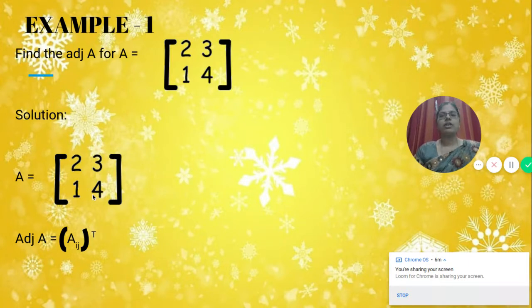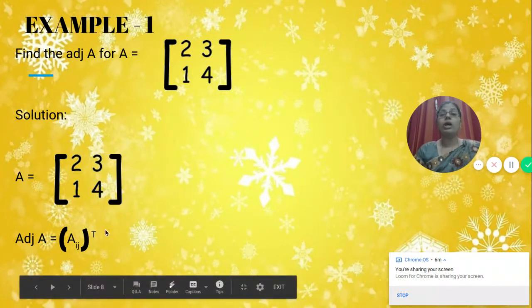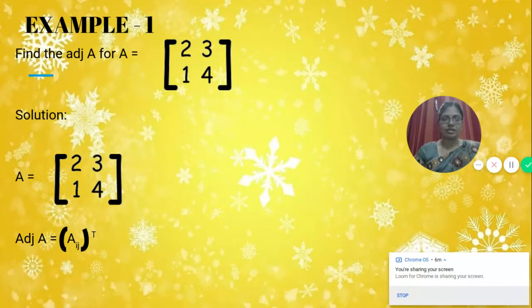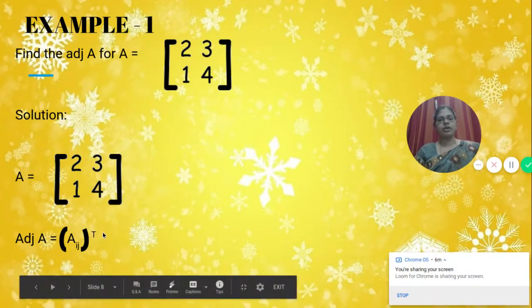To find the adjoint of A, we have to find the cofactor of each element in the matrix, that is for 2, for 3, for 1 and for 4. So this is the formula as we have seen in the earlier slides: adjoint A is equal to [Aij], capital Aij, the whole transpose.